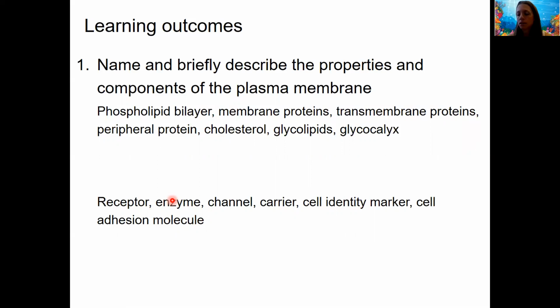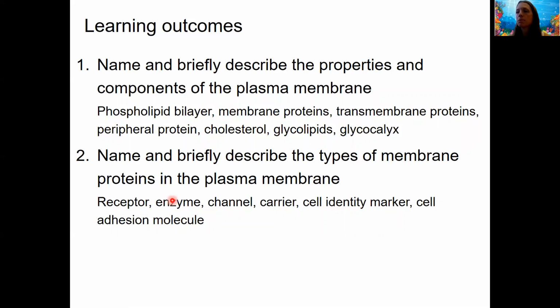And then the second one is to name and briefly describe the types of membrane proteins in the membrane. So these are those actual functions. Notice I have carrier on here of the membrane proteins that we just talked about. All right, stay tuned for the next.